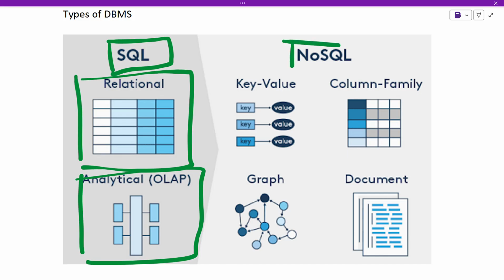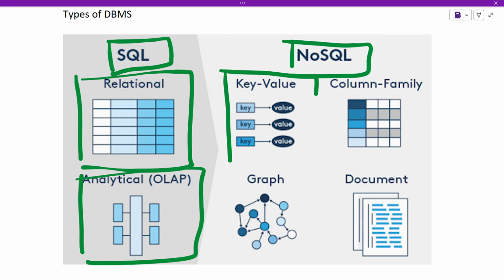And then we have something called NoSQL databases. NoSQL databases came after the relational databases. Relational databases had some issues because they're not so flexible. So in this modern era, we needed some newer technology to hold unstructured data, so we went for these NoSQL databases.